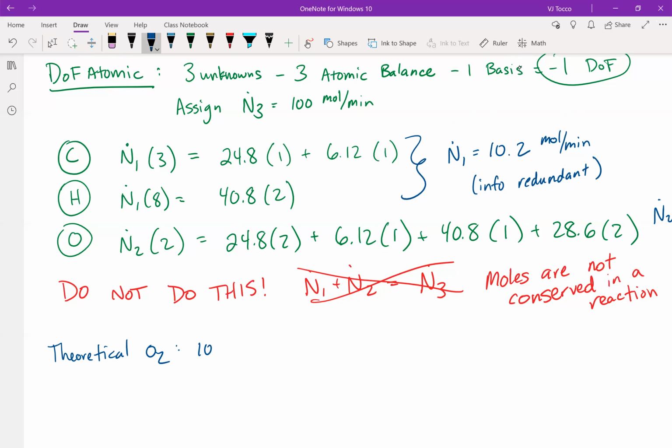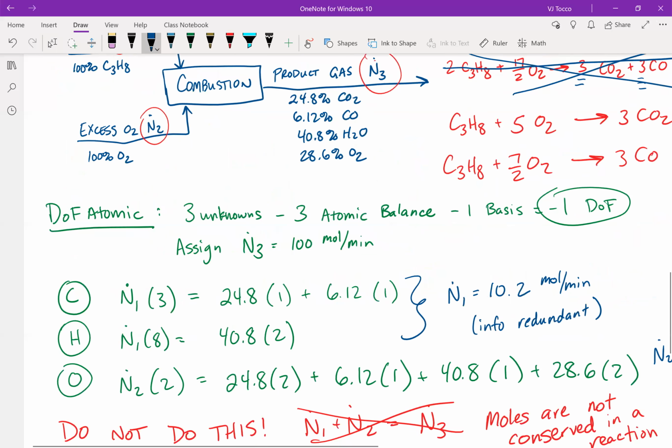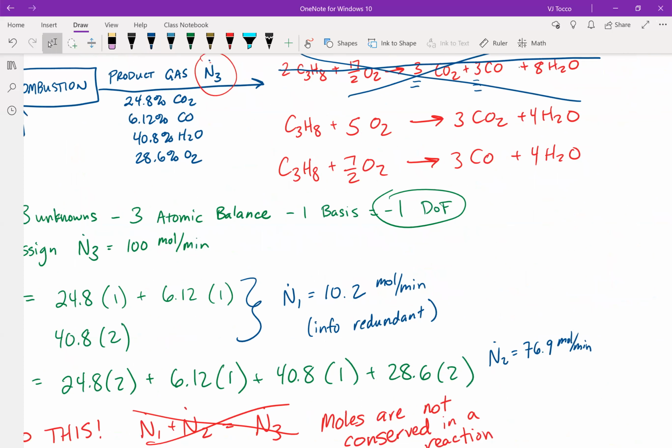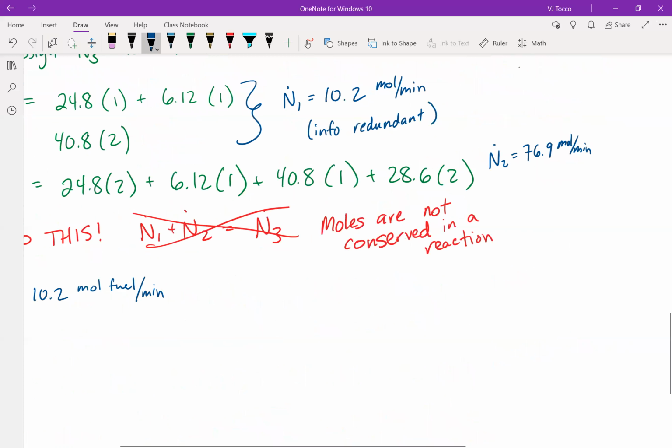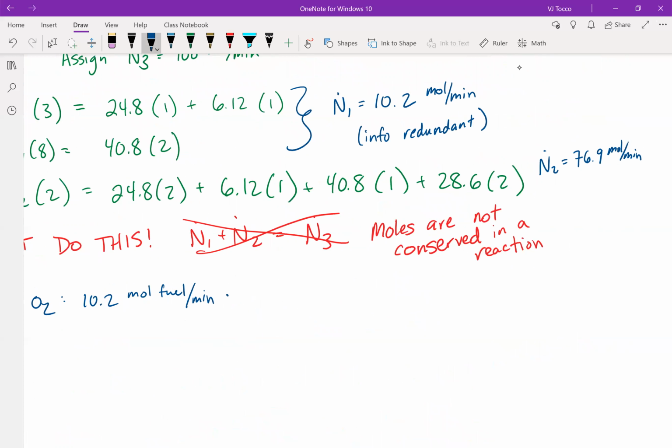So I need to take 10.2 moles of fuel per minute and multiply that by the ratio of the stoichiometric coefficients. So once again, when I calculate theoretical O2, I'm not taking into account the incomplete combustion, and I'm also assuming, even though that is not the case for the problem, that all the propane is going to combust. So I need to multiply this by 5 moles of O2 per 1 mole of C3H8.